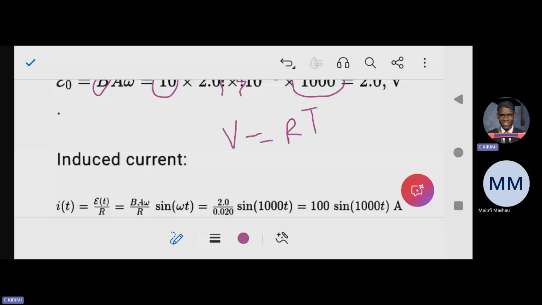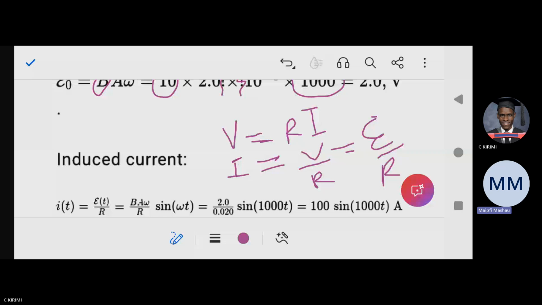So if I want to solve for current, current will be equal to V over R, which is the EMF, E, over the resistance, R. Any question?